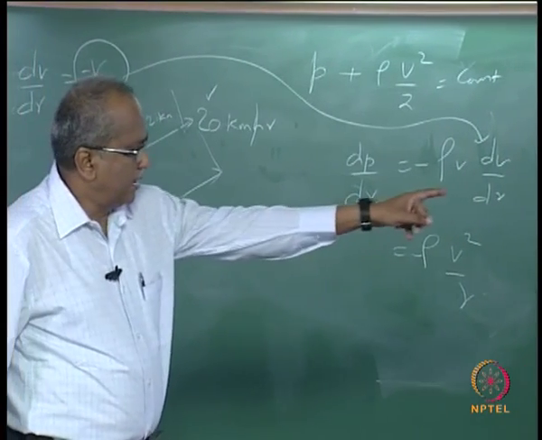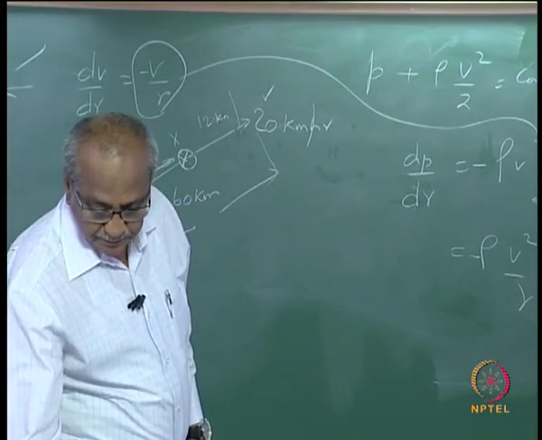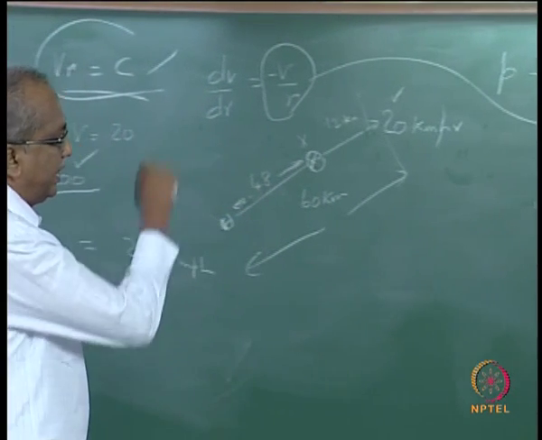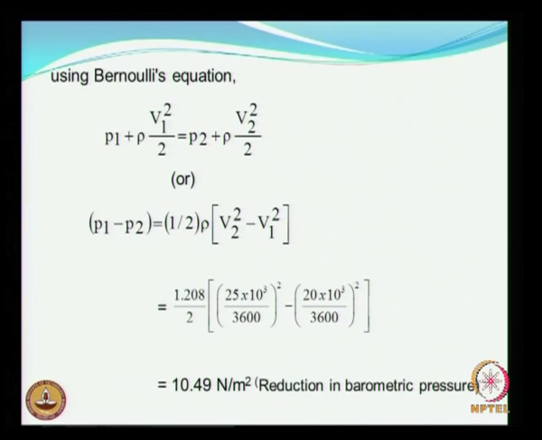So all these values are known. Then use the Bernoulli equation, applied at these two points as shown here. So the pressure gradient can be obtained. Use the corresponding velocities and you will get the reduction in the barometric pressure.